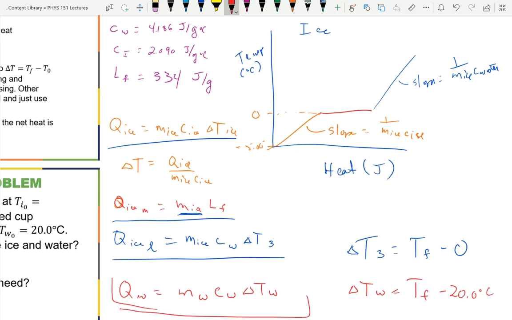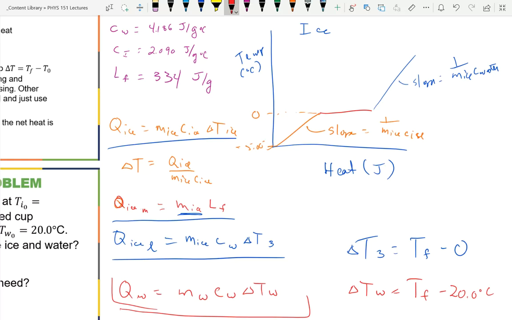T3, for which one? No, the delta T would be T final minus 20, because you're starting off with an initial temperature of 20 and it's increasing to some other temperature. So you get a number for this one and for this one.